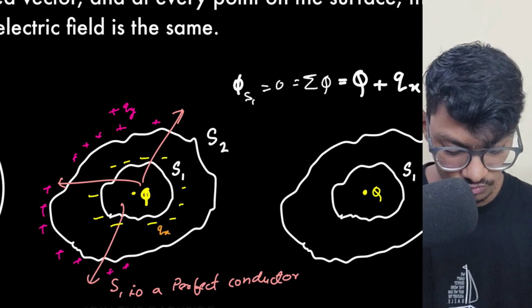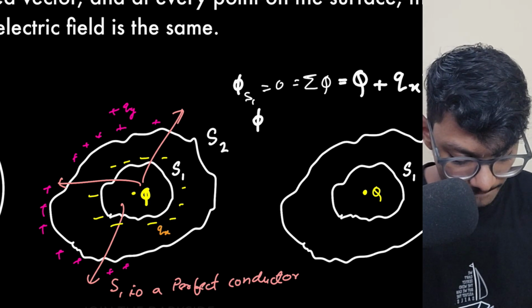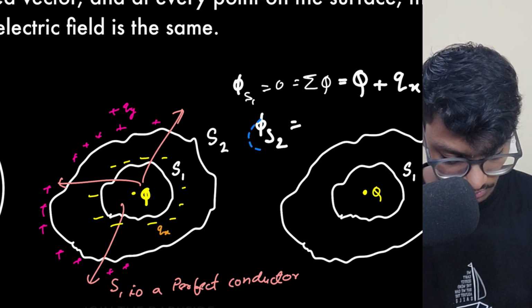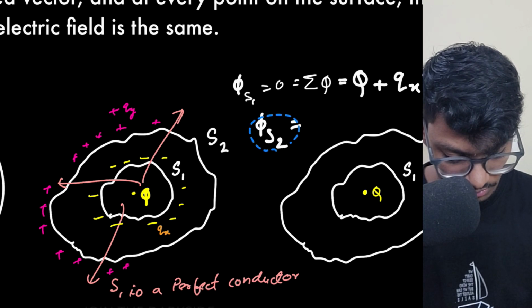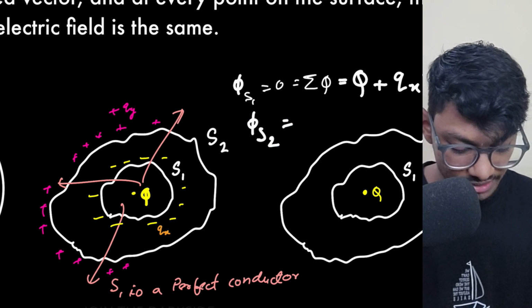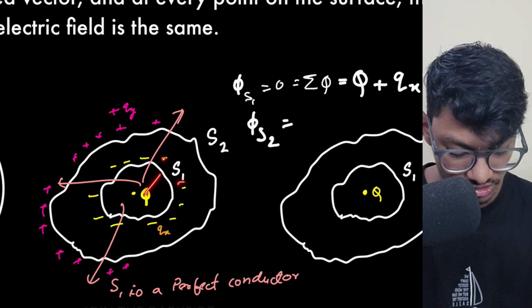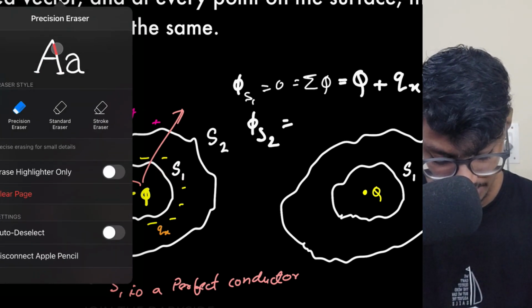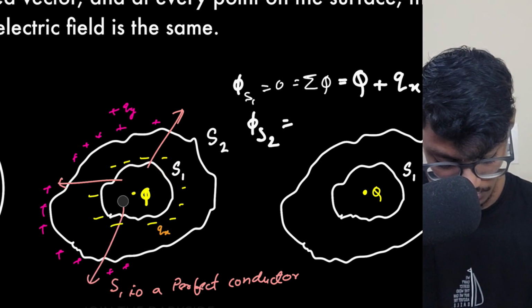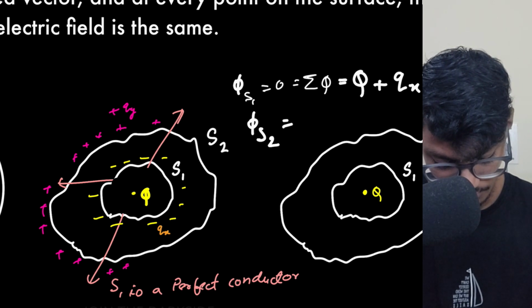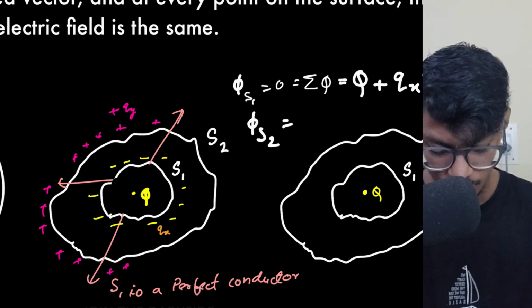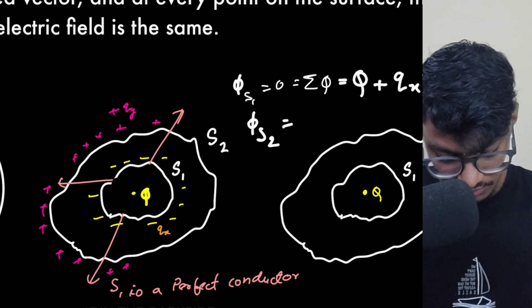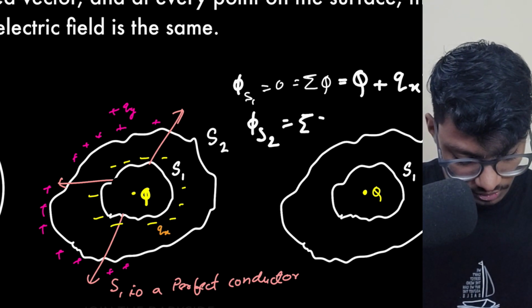What about phi S2? Phi S2 actually is due to this negative, because here there is no electric field. Electric field is only present on these surfaces. So phi S2 is the summation of all the charges again.